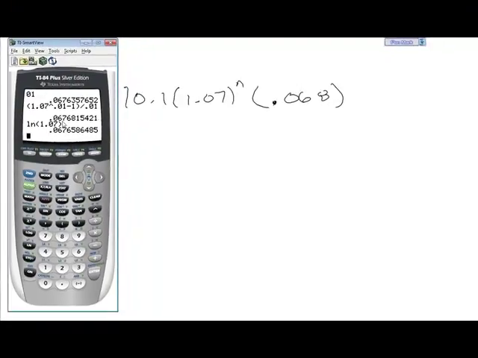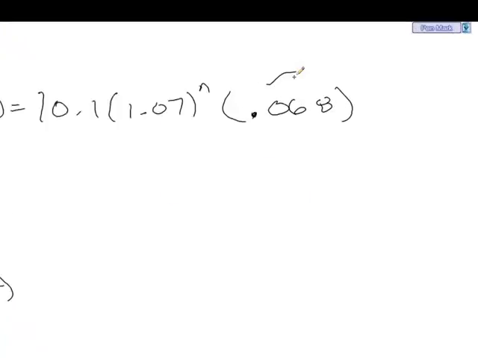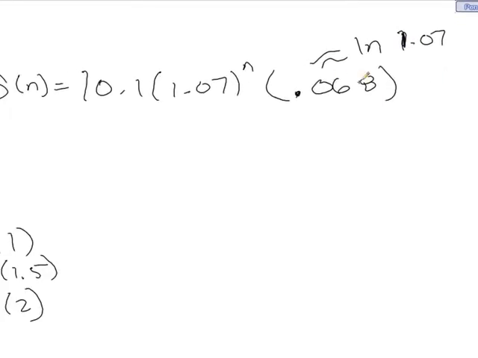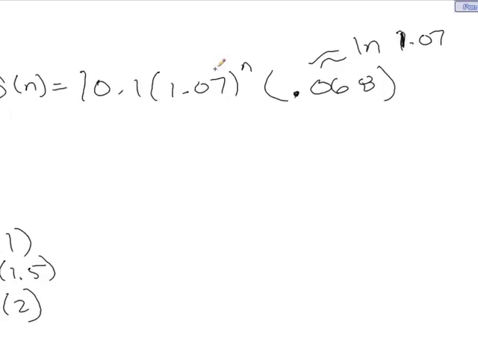And with all these digits, look how close all three of these numbers are. It's not a coincidence that this guy right here is roughly the natural log of 1.07. In fact, we're going to find out that the derivative of an exponential function is a constant multiple of itself, and that constant multiple is the natural log of the base.